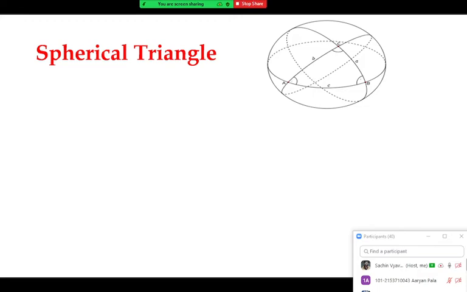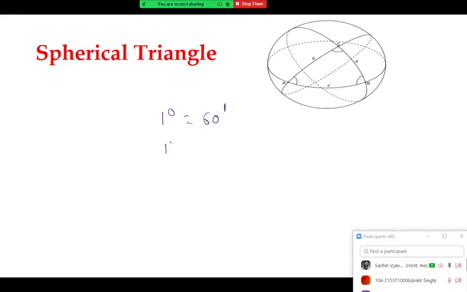Can you tell me what is the relation between degree and minute? 1 degree is equal to 60 minutes. Correct. So this is the notation generally used. This is the degree notation, the superscript, and this is the notation for a minute.